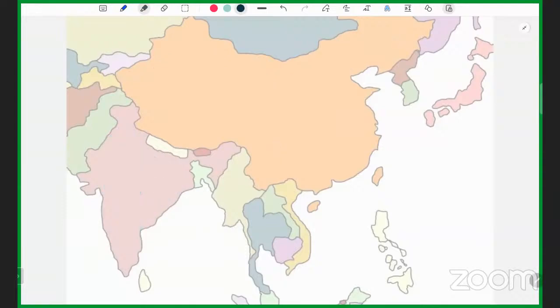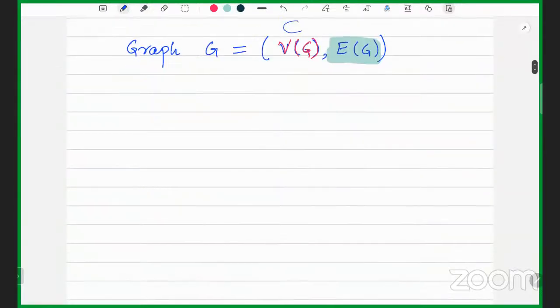So how that works is this way. Let's say you have some countries, C1, C2, C3, etc. And then you put countries as the vertices, all right? And put an edge between them if they share a boundary. Okay, so if this is, let's say, my India and this is Nepal, I will have an edge.